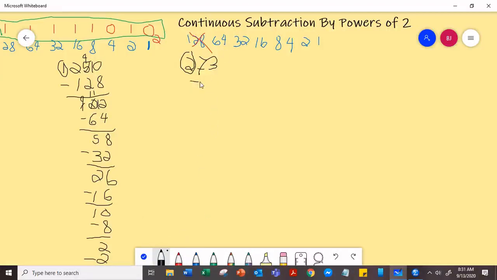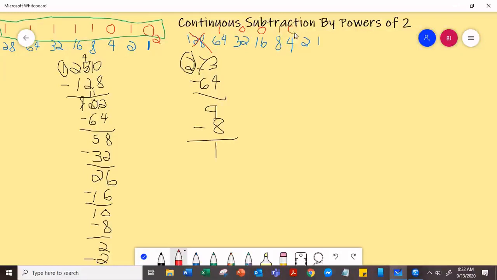So 73 minus 64 would now be 11. Nope, 9. Sorry. Okay. So we use this as a subtrahend, so we put a 1. So this is 9, not 4. So we can't use 32. We can't use 16. But we can use 8. And the answer would be 1.